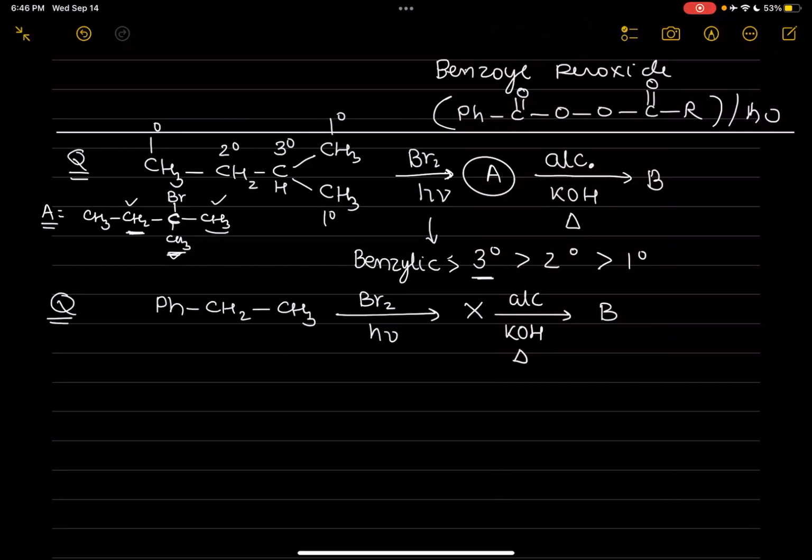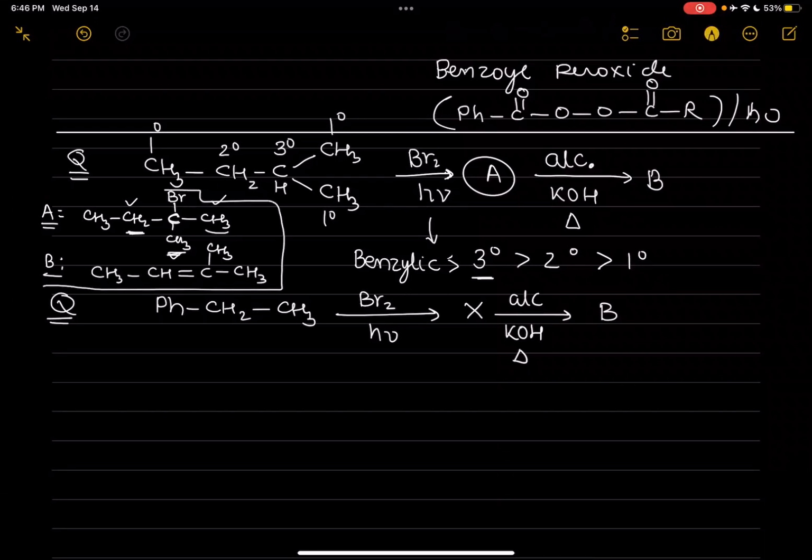Anushka, is it clear? Yes, sir. So out of all the alkenes, the more branched one is called the Zaitsev alkene. This is going to be the major product.